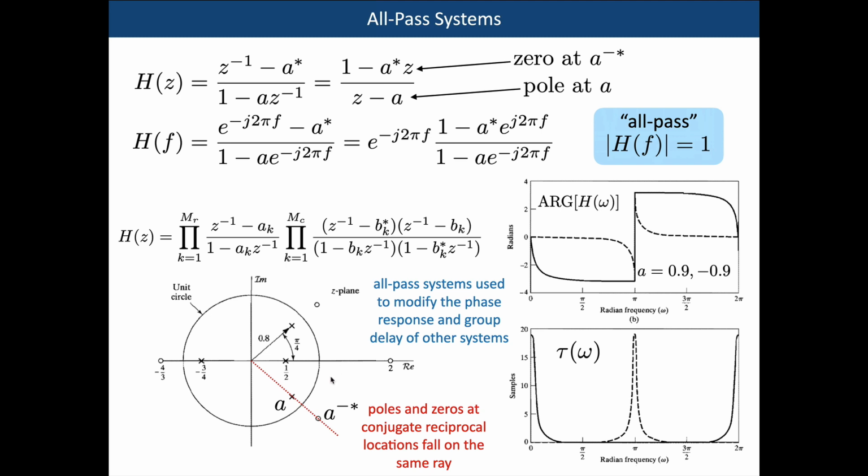If you look at where these fall in the complex plane, if we have a pole at A, the conjugate reciprocal location is on the same ray emanating from the origin, but it lies outside the unit circle at the reciprocal magnitude location. So again, A has a magnitude less than 1, and when you reciprocate that magnitude, A inverse conjugate will have the reciprocal magnitude outside the unit circle.